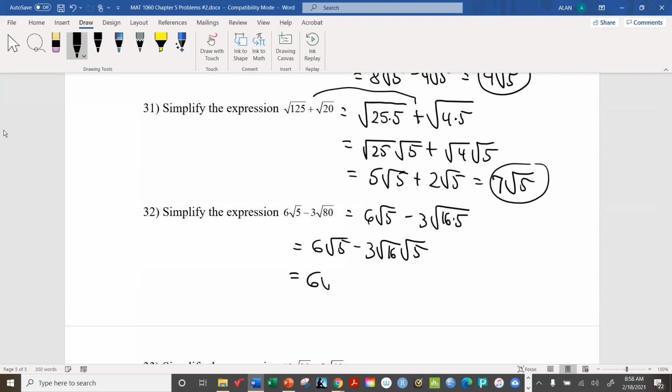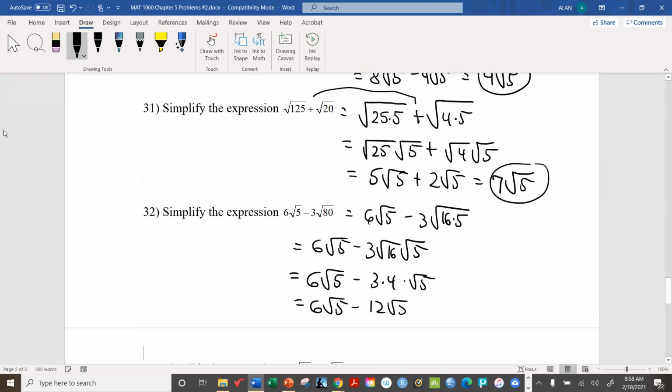So we've got 6 radical 5 minus 3 times 4 times radical 5. 6 radical 5 minus 12 radical 5, of course, gives me negative 6 radical 5. Okay. That worked out rather well, I must say.